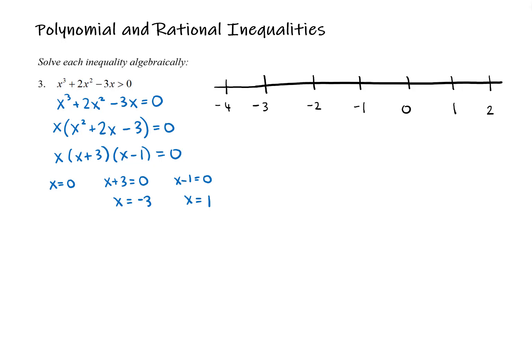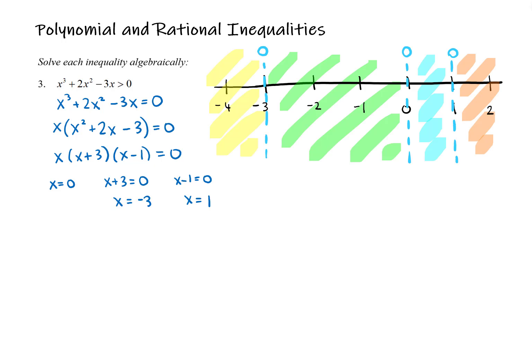We're going to put each of our solutions on our number line, and we're going to let it divide it into 4 regions. 3 values divided into 4 regions. So you can see we have 4 regions, and at the top of our boundary points I put that at -3 and at 0 and at 1 we find the value that is 0.